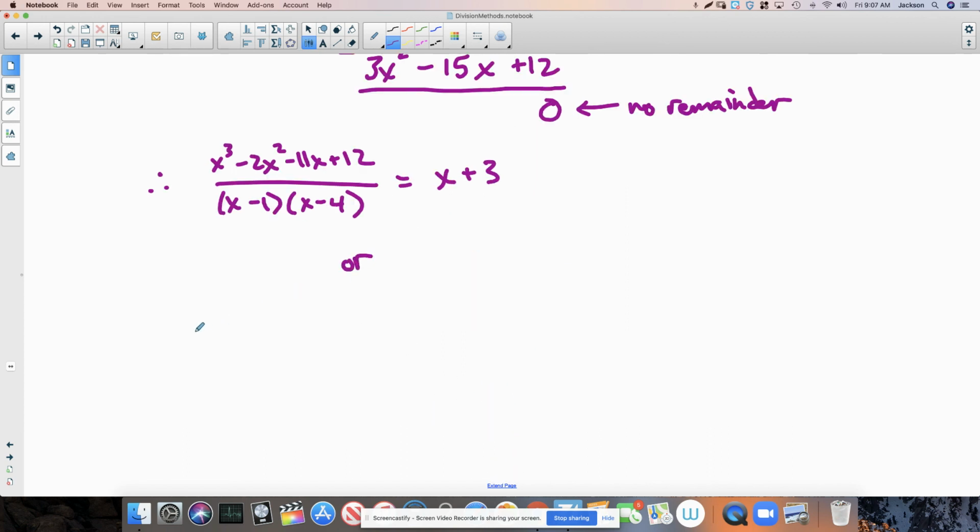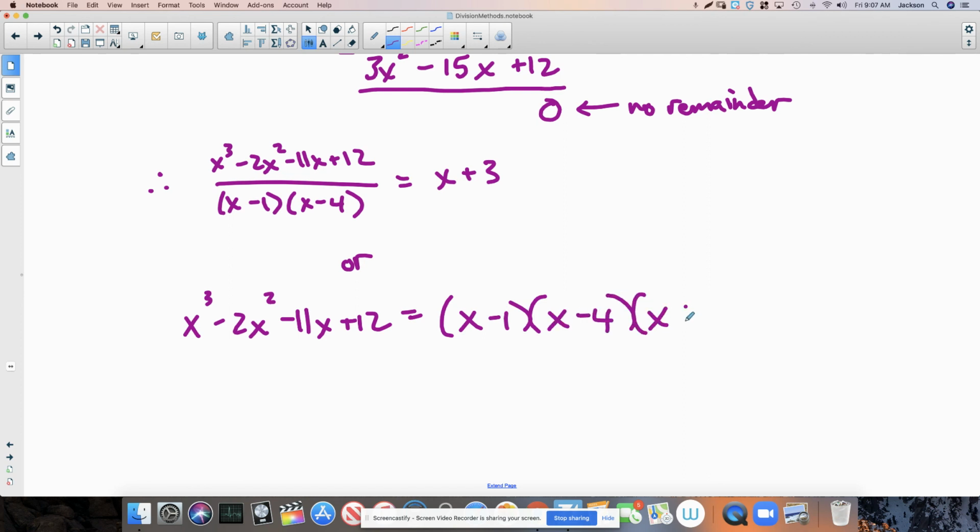Or a different way of expressing it is that because I do that division and I get this as the answer, this is the missing factor in this product. I can multiply that by those other two factors and get this, right? So this is the product of linear factors that we want when we're looking at something like that. We had to do division to get that third one.